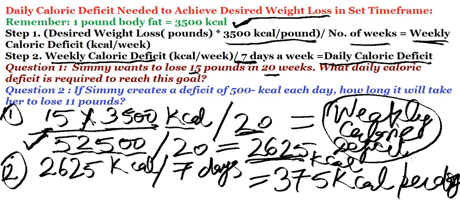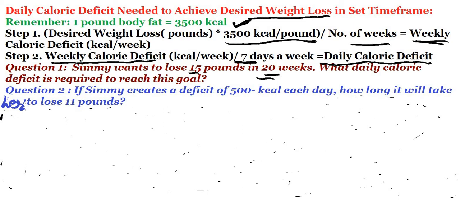Step 2 is to divide the weekly kilocalorie deficit by 7 days, as there are 7 days in a week. So you will get 375 kilocalories per day, the daily calorie deficit to reach the desired goal in 20 weeks.